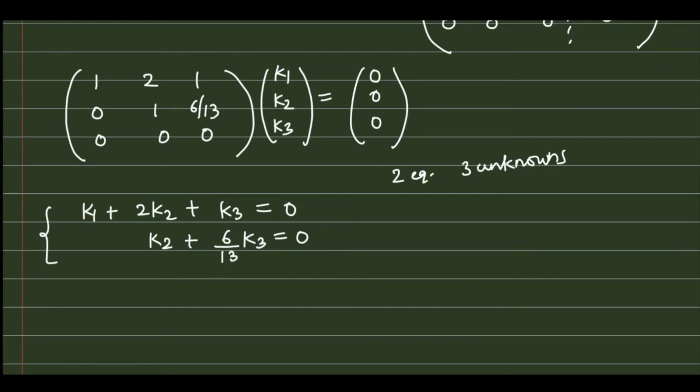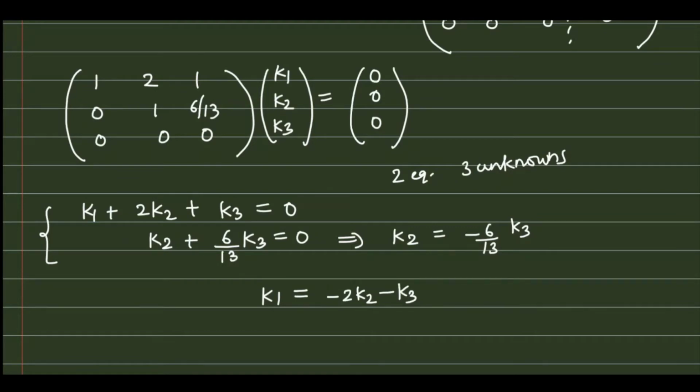So from the second equation we will get K2 equal to minus 6/13 K3. We will substitute the value of K2 in the first equation. From the first equation we have K1 equal to minus 2K2 minus K3.